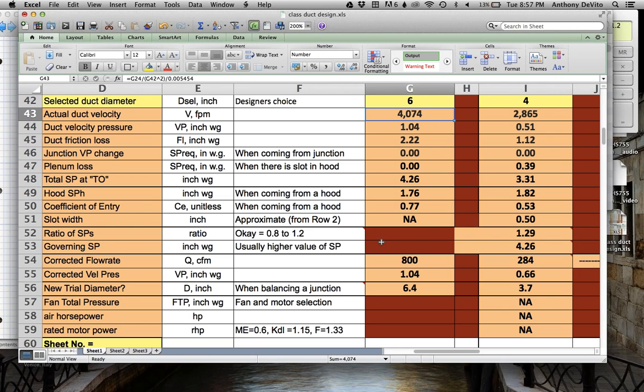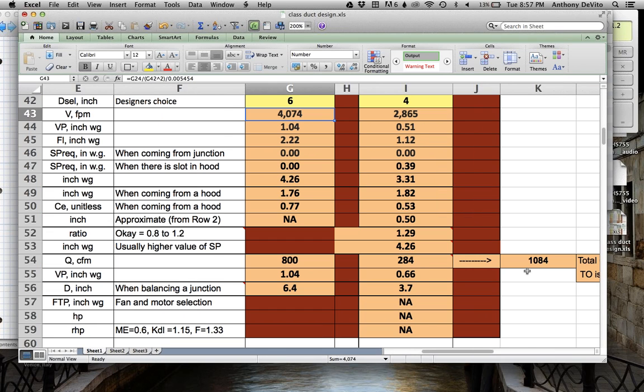But you can only have one static pressure there. So by manipulating the size of the ductwork, you try to get the ratio as close to 1 as you can get it. So 1.29 looks about as good as we're going to get here.